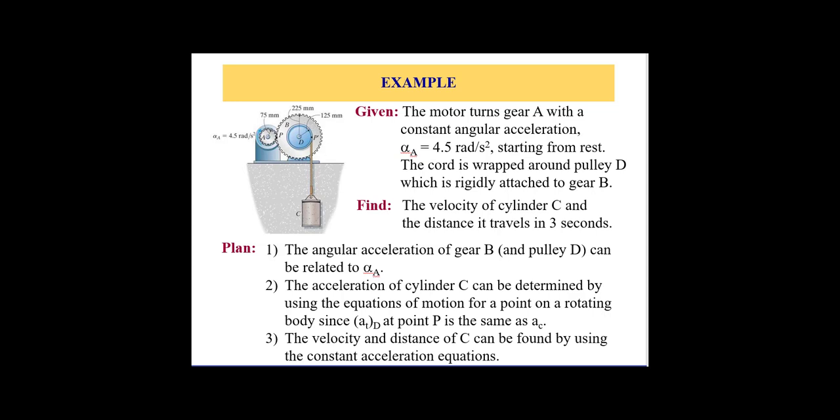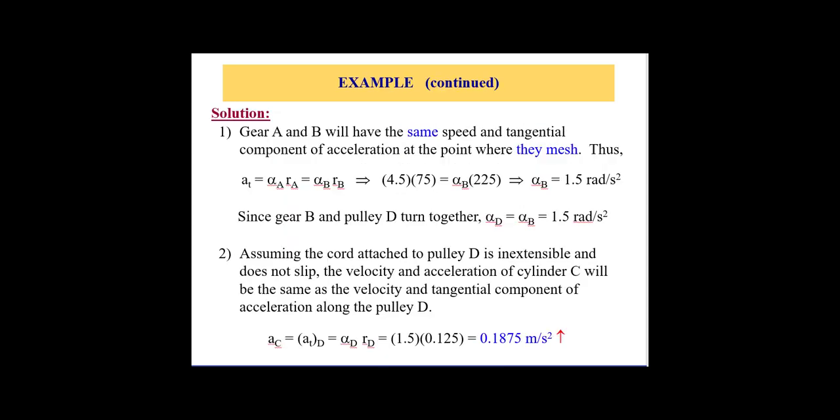Alright, so let's go over the procedure step by step. Gear A and B will have the same speed and tangential component of the acceleration at the point where they are meshed. Therefore, we can write A tangential from each side to be equal, and that will give us a relationship of alpha B equal 1.5 alpha A, since alpha A is given.